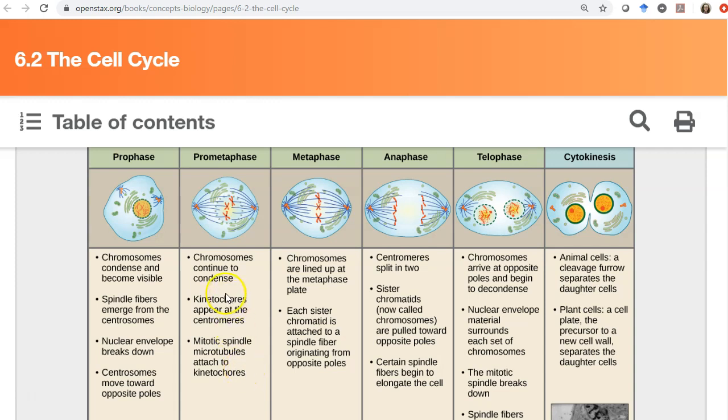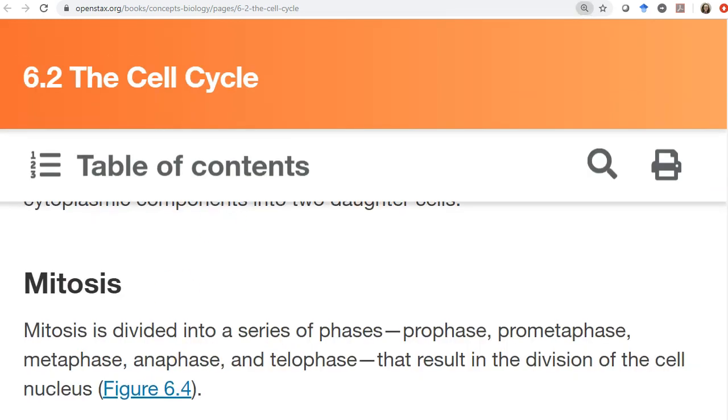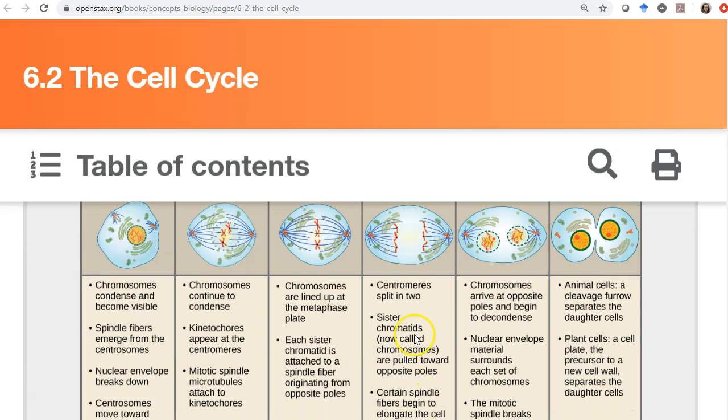Essentially, the chromosomes condense in prometaphase, and these kinetochores appear at the centromeres. That's just right in the center of the duplicated chromosome, so you can see this little dot here. And then we have the mitotic spindle microtubules attaching to the kinetochores.